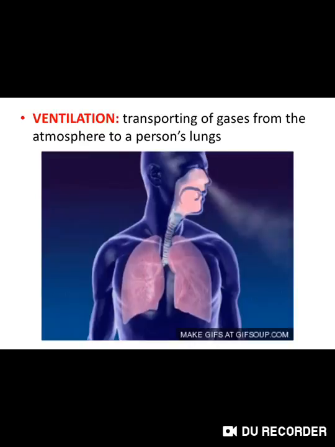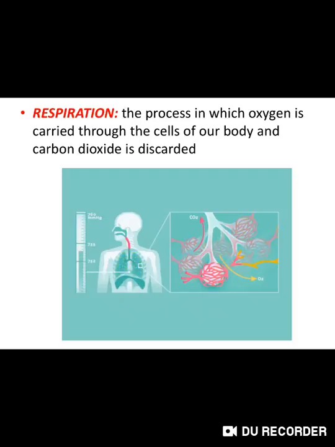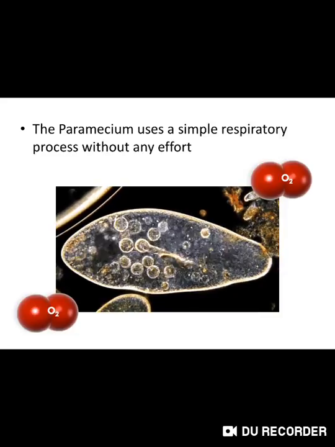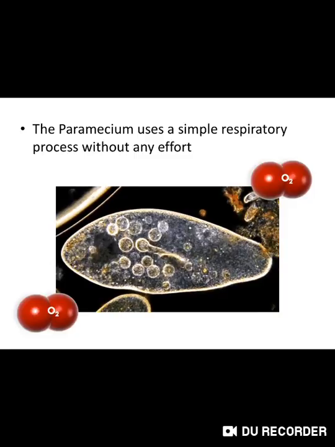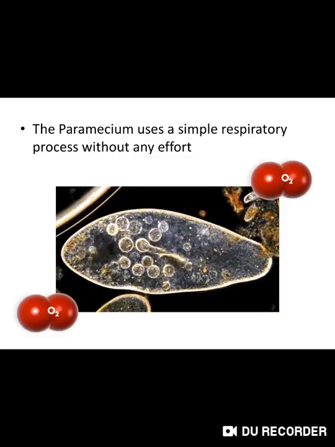Ventilation is the transporting of gases from the atmosphere to a person's lungs. Respiration is a process in which oxygen is carried to the cells of our body and carbon dioxide is discarded. For example, we have this unicellular microorganism called paramecium, which uses a simple respiratory process without any effort or energy.